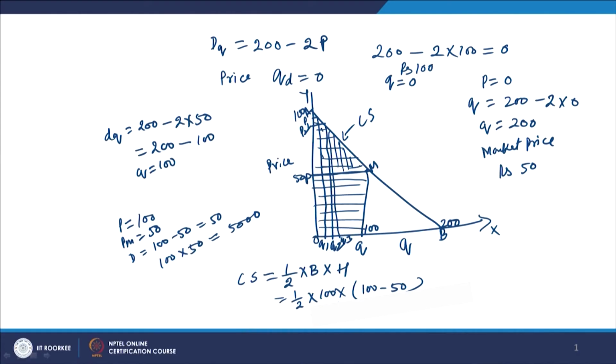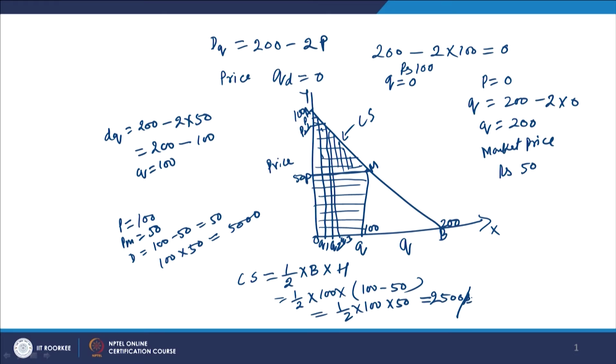But right now you can easily see that the consumer surplus is how much the consumer is willing to pay and how much the consumer actually pays as the market price is given. So, this is the consumer surplus.